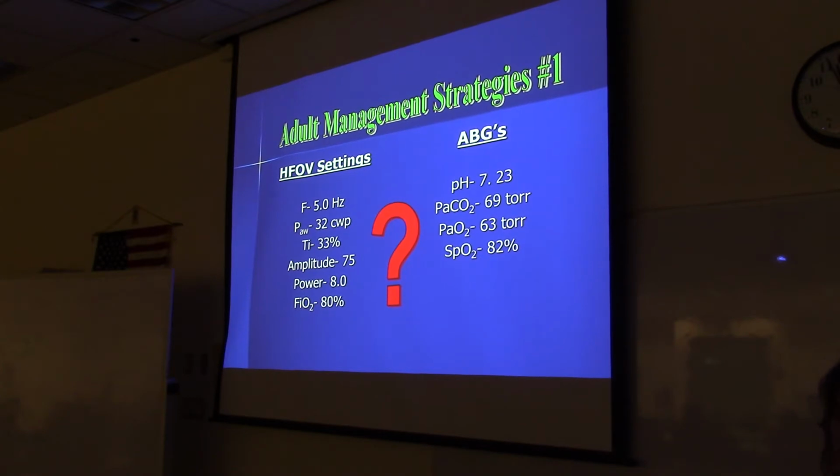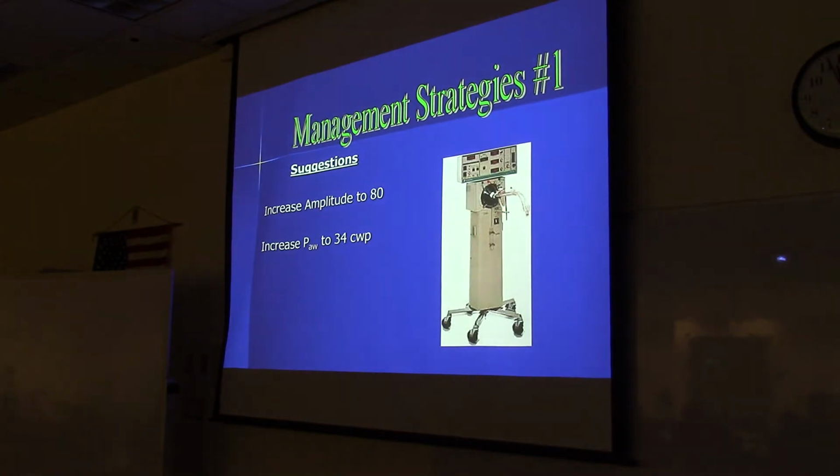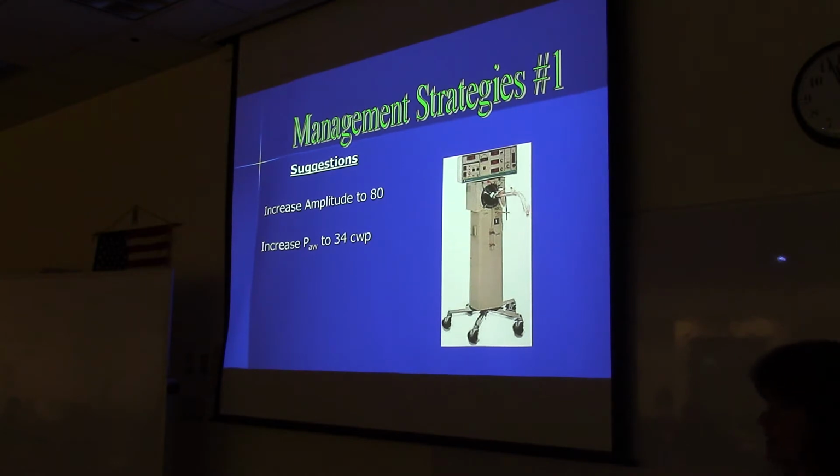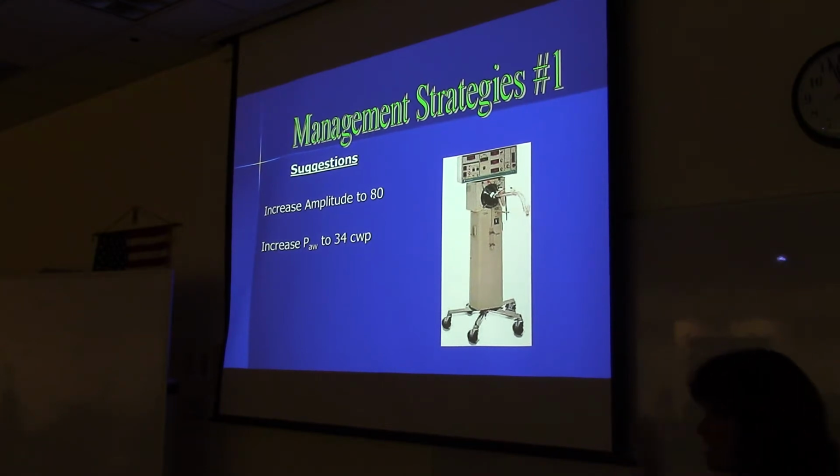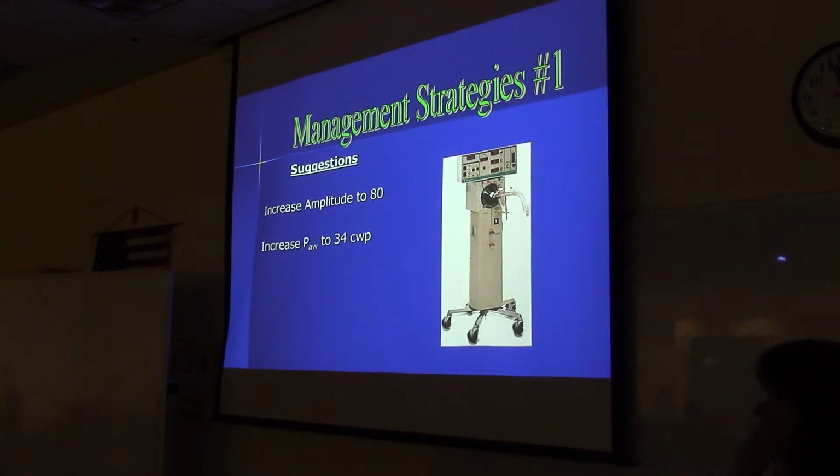Oh, okay. Remember, an amplitude of 100 is 10 centimeters of pressure in the alveoli. As that oscillation goes through the airways, it really reduces down in its pressure.